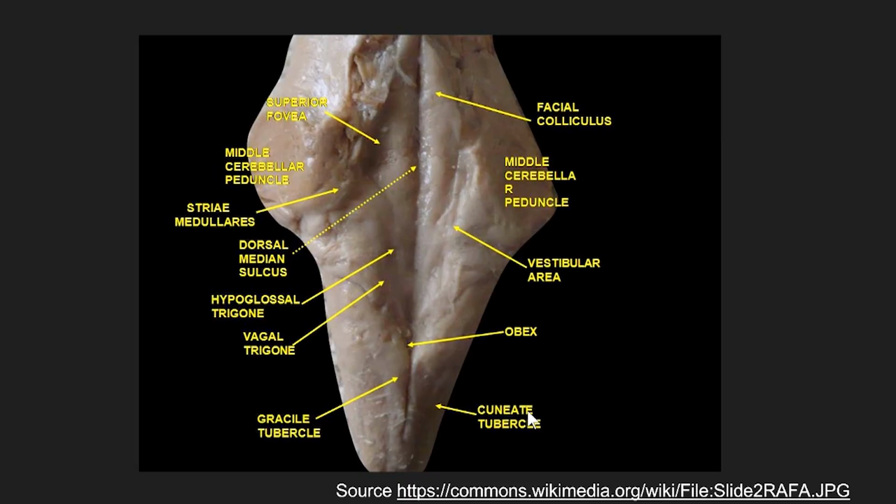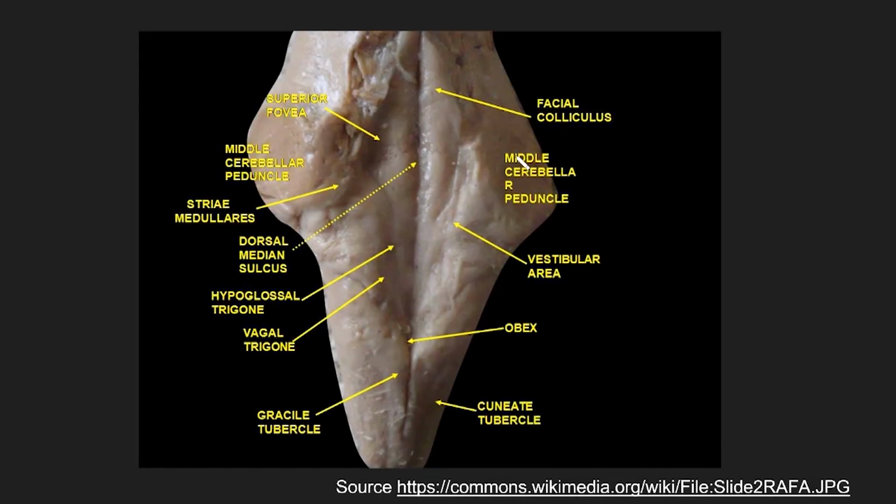We've got some gross anatomic structures here, like the middle cerebellar peduncle, a great landmark. This is a purely afferent structure connecting the brainstem with the cerebellum, but just medial to it is this bump with the dorsal median sulcus. And the bump, which is pretty elongated, is known as the facial colliculus bump. What sits under that colliculus?